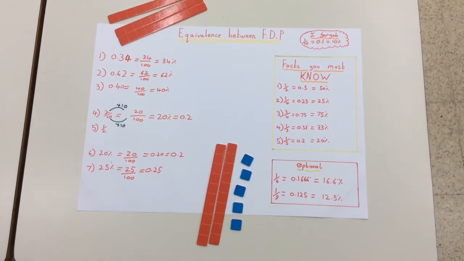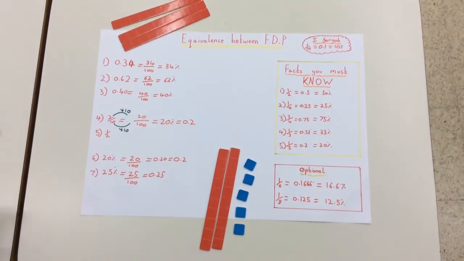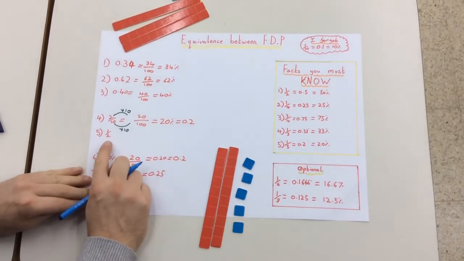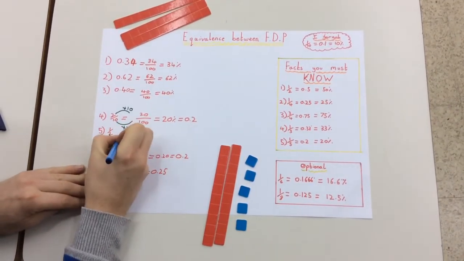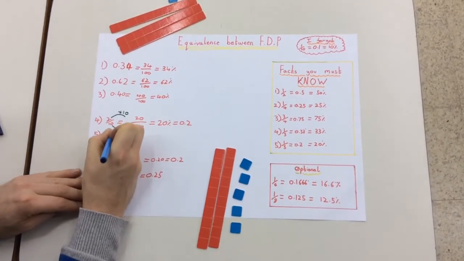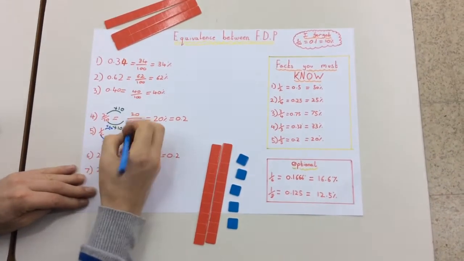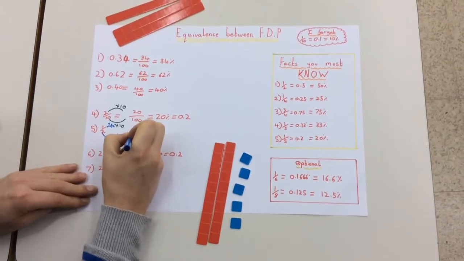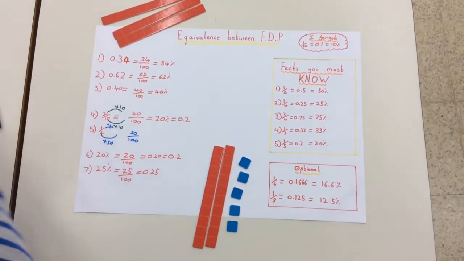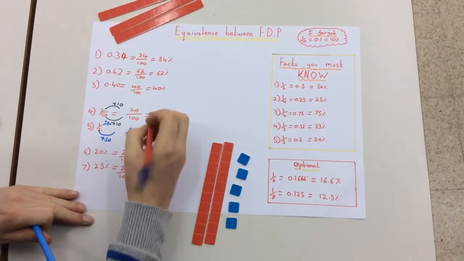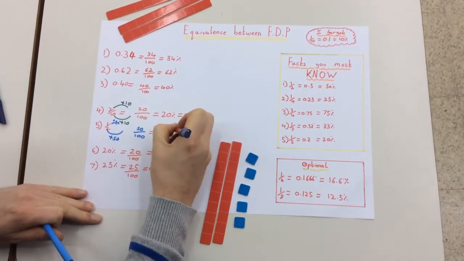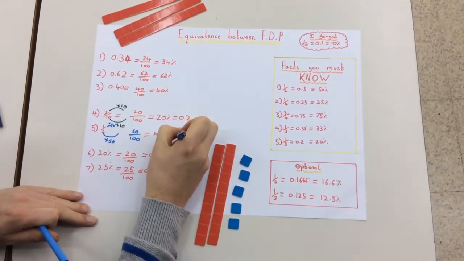So by making fractions have 100 at the bottom, I can see what they're going to be as decimals and as percentages. So this one here is a half. What do I need to do to the bottom and the top to make this have 100? Well, I'm going to have to times by 50. If I do that to the top too, what I'm going to get is 50 100ths. Now, it's much easier for me to understand that that is equivalent to 50%, which is equivalent to 0.5.